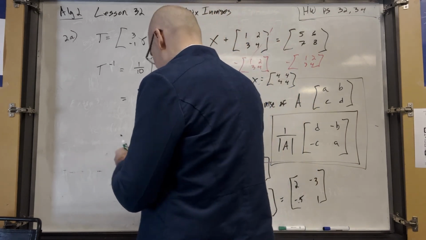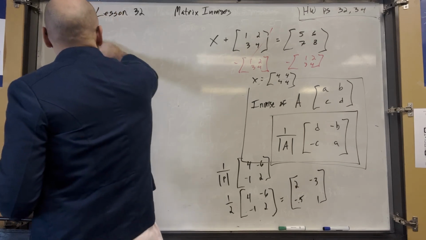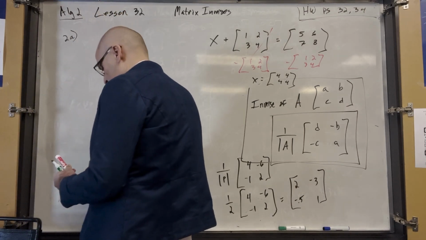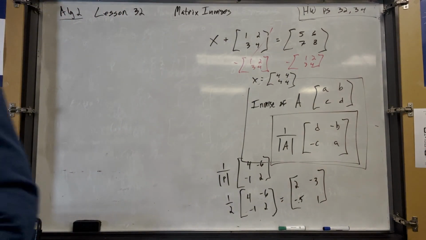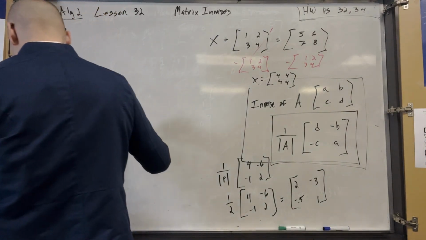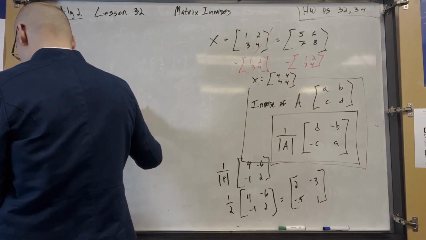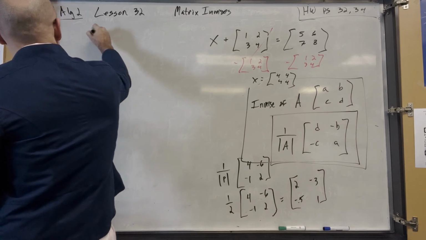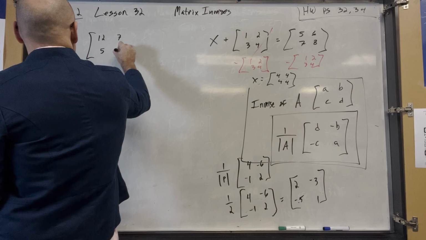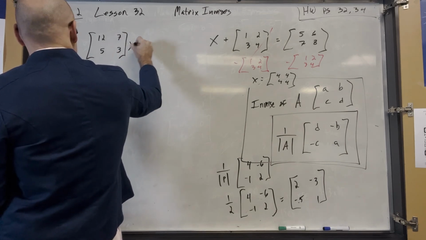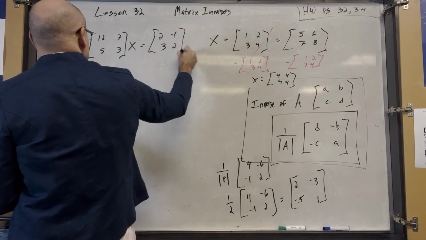Okay? But that's not necessarily the same process with matrix multiplication, or when you have a multiplicative equation. So let me give you an example. We're going to say [12, 7; 5, 3] times x equals [2, -1; 3, 2].